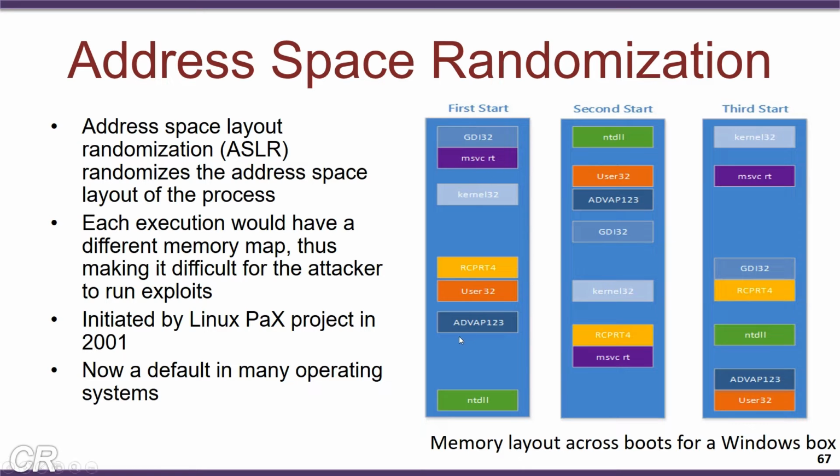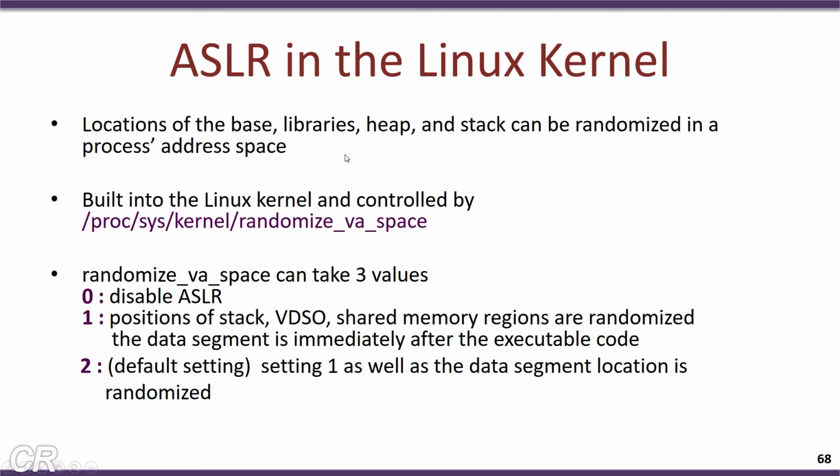So, the ASLR is not a new concept. It was initiated by the Linux PAX project in 2001, and since 2012 or 2013, it's becoming quite common and added by default in the operating system. Both Windows and Linux operating systems now support ASLR by default. In the Linux operating systems, ASLR would randomize the locations of libraries, the location of the heap, the stack, and so on with each run of the application.